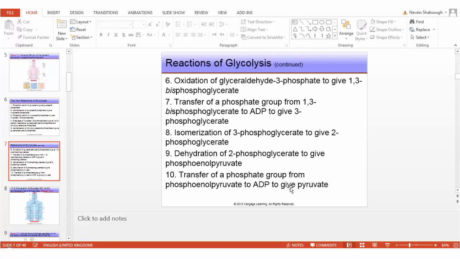And again, this is a high energy compound, where in the final reaction, transfer of a phosphate group from phosphoenolpyruvate to ADP gives pyruvate with another ATP. So note that only one of the 10 steps in this pathway involves an electron transfer reaction, and that is reaction number 6. Now we will look closely at each of these reactions in detail.